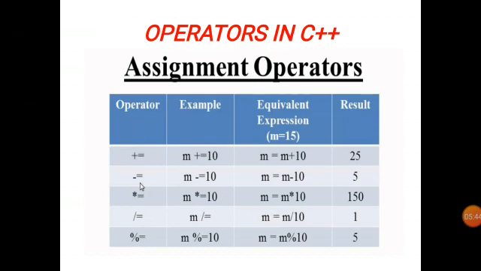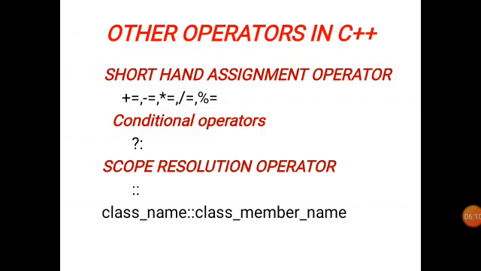Minus equal to, asterisk equal to, slash equal to, modulus equal to: everywhere we have considered the m value is 15. So 15 minus 10 means 5, and m asterisk equal to 10 means 15 into 10, 150. Asterisk equal to means m is equal to m into 10. That is the meaning of assignment operators, assigning values using the operators.